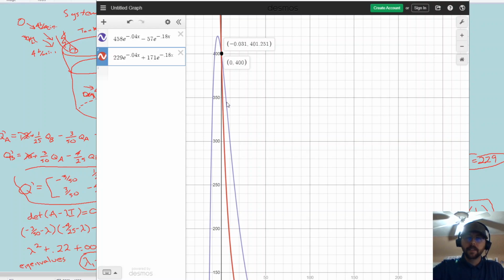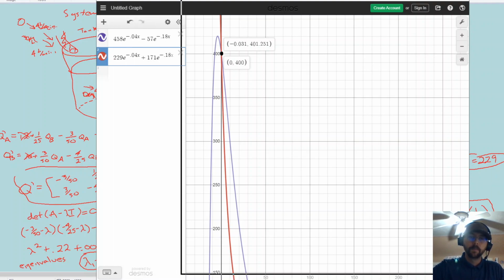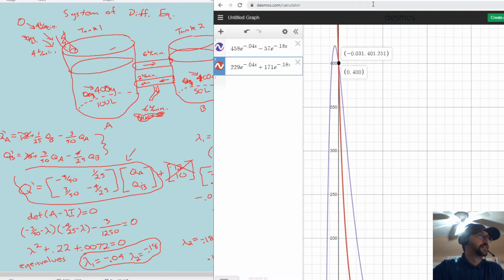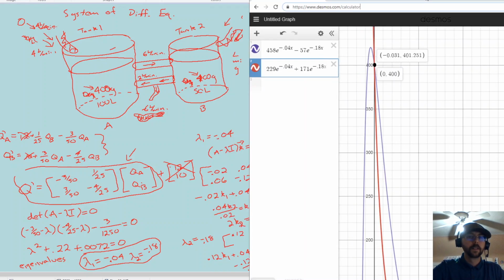And we can see that A should be the purple one because I put A on the top. Let me move this over a little and you can see everything there. A here starts at 400.